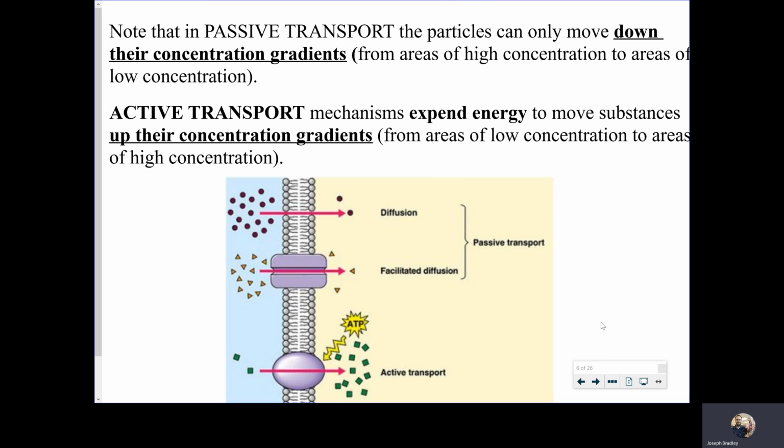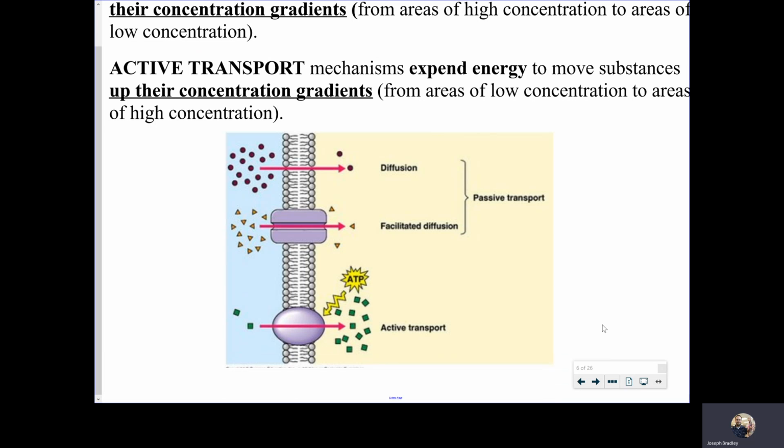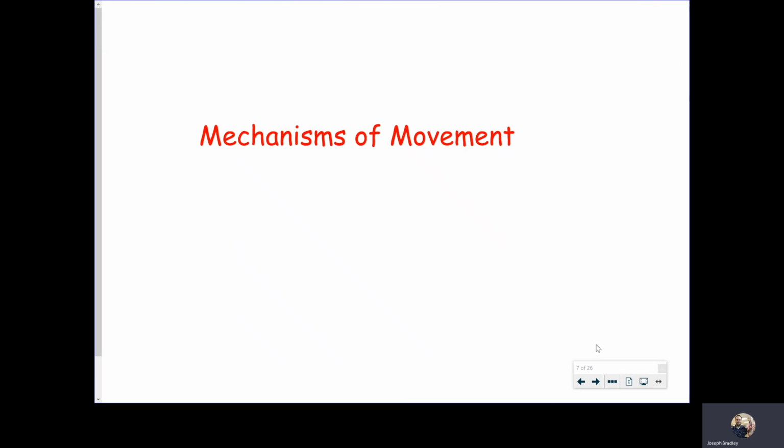Active transport generally means that materials are going to be moving against their concentration gradients, meaning going from low to high, as this diagram illustrates. And as this says, the active transport is also going to be expending energy, so it's going to be using ATP.